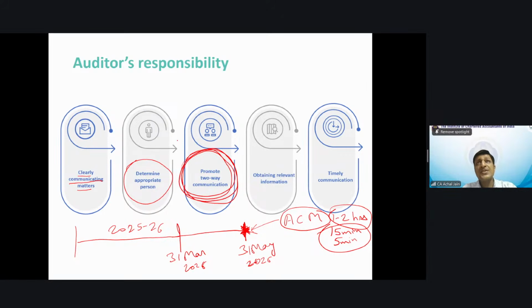Plus, this communication is also required to be done in a timely manner. Now, what if this is done when you are meeting at the fag end? So, will that really be effective? Answer may not be. Answer may be no. May not really be effective.